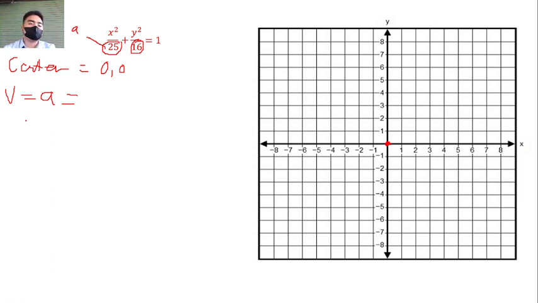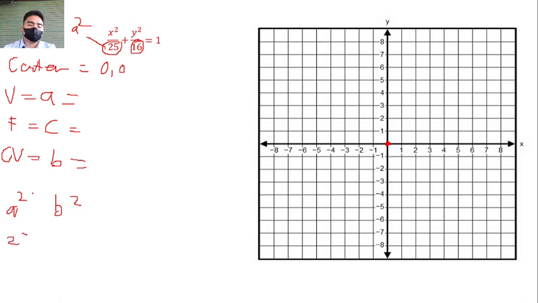Okay po ha, so let's have the focus first. Focus is our C, and our co-vertices, let's put CV, is our B. Okay, so our A squared is 25.